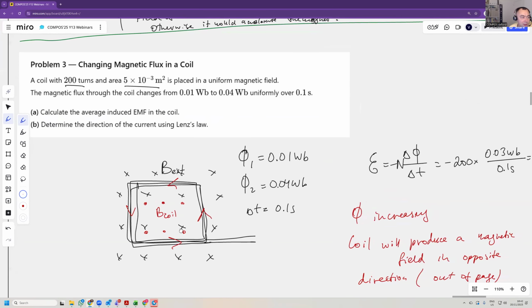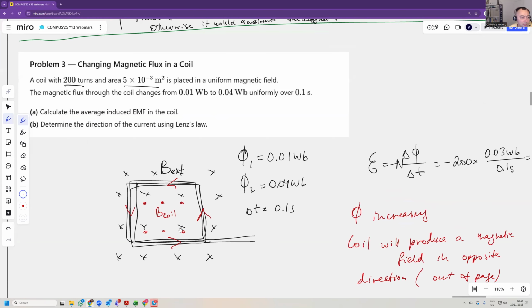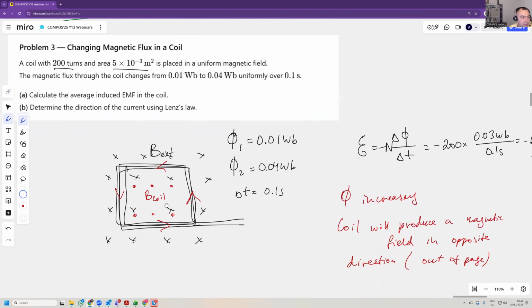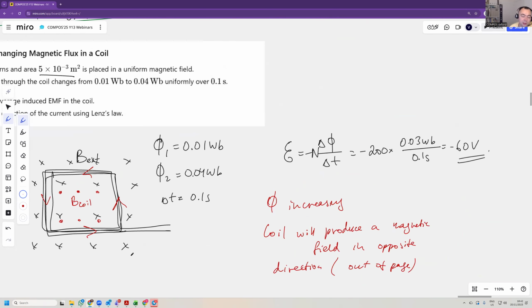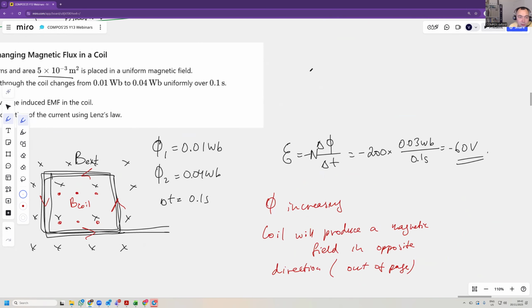There's the magnetic flux. We don't need the area, because flux is B times area. I know it's confusing, but we are given flux.